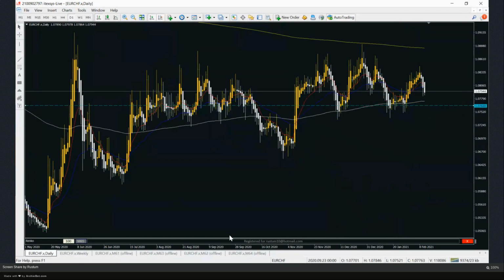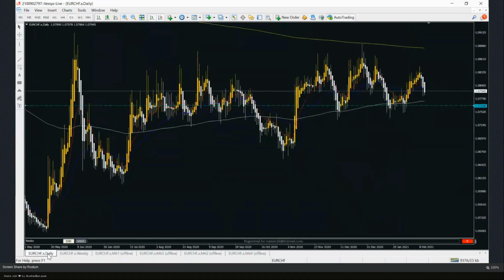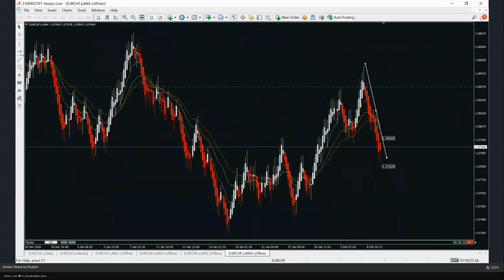So our long situation that we have here, we would like actually to see prices coming further down based on this. So how far more down do we want to go? About 20 odd pips down. So on your M6, you're trying to build a reason to go further down here.